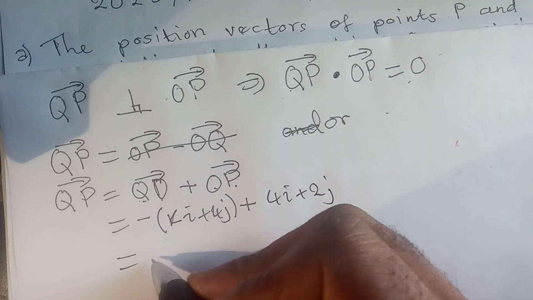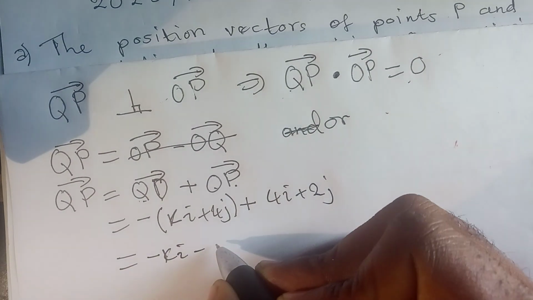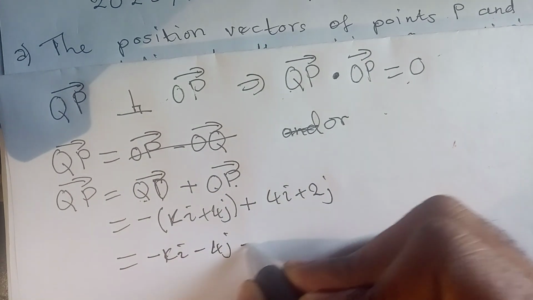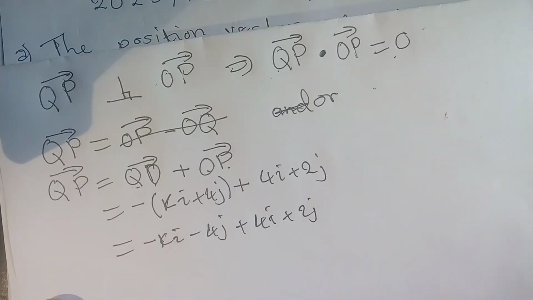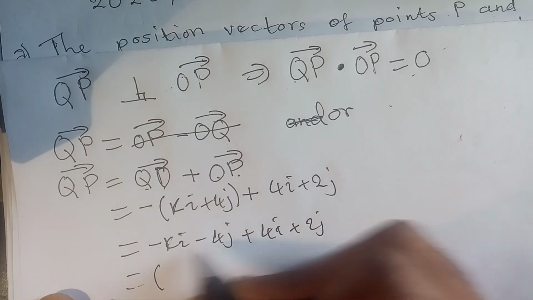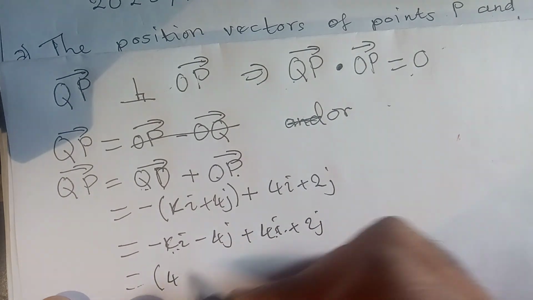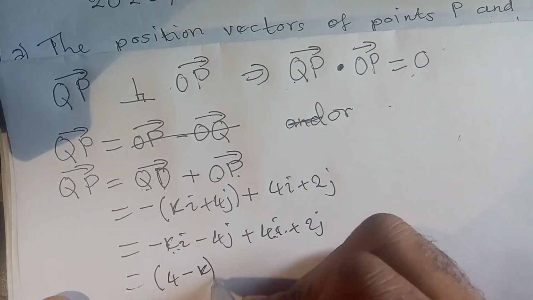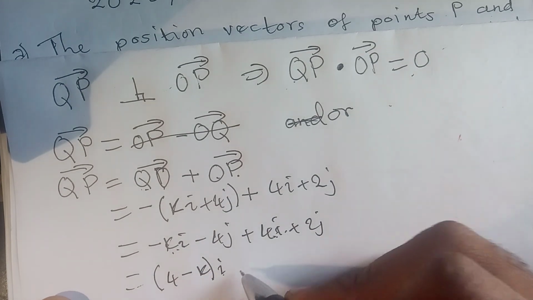And then we can simplify it. We can put the i terms together and the j terms together. So the i terms will be 4 minus k. Then I'll factor the i out like this.